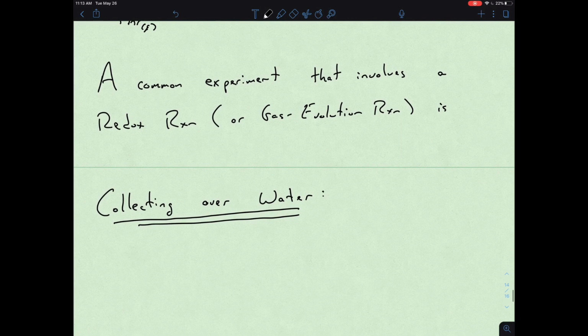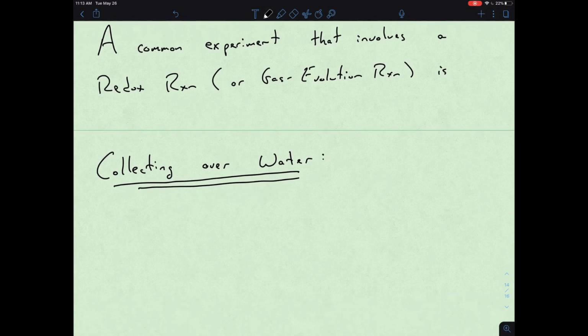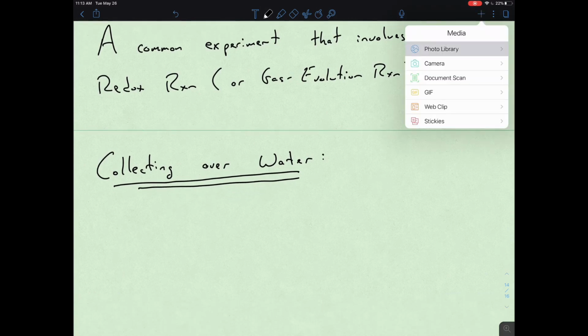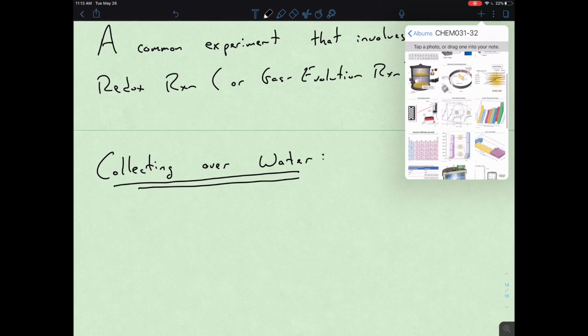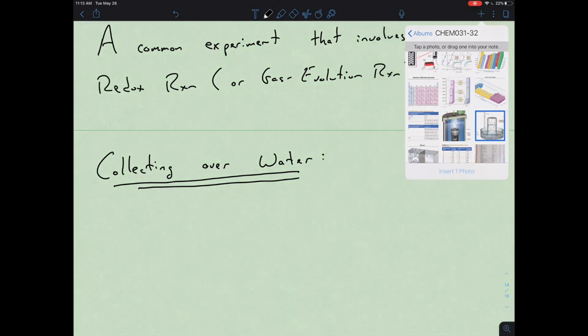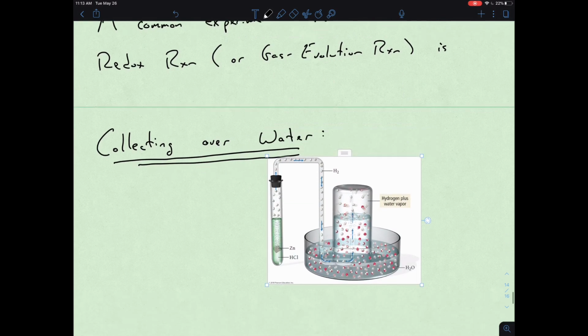And so this is a common experiment that we run with gaseous types of reactions. It looks like this in terms of the experiment.